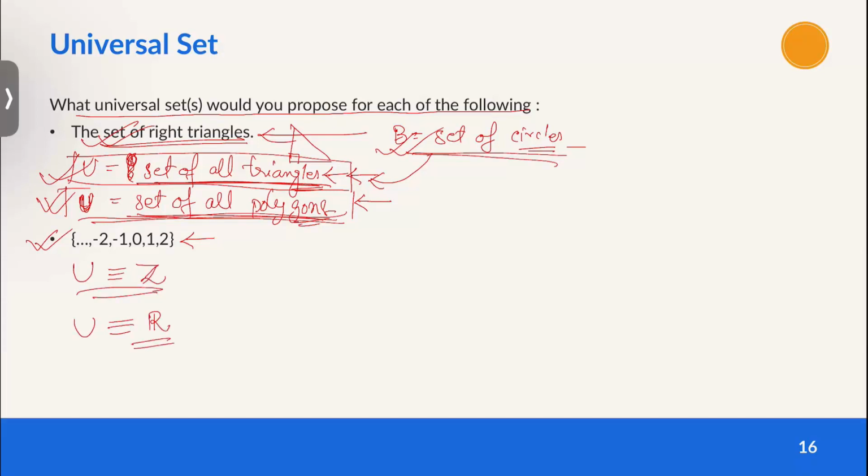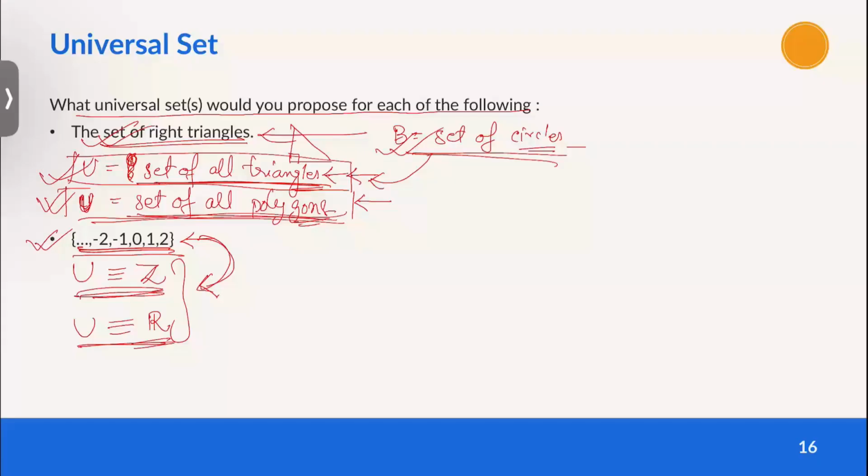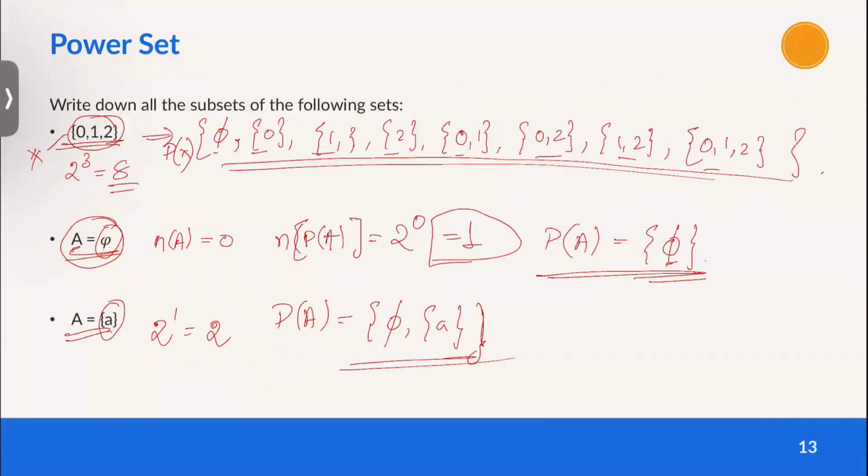Both will satisfy, as both are sets that this set is a subset of. So you can have a universal set either as the set of all integers or as the set of all real numbers. These are some of the problems which I made for you to discuss in this lecture.